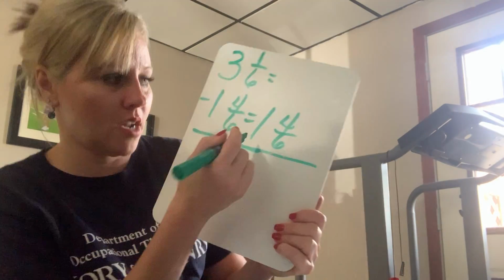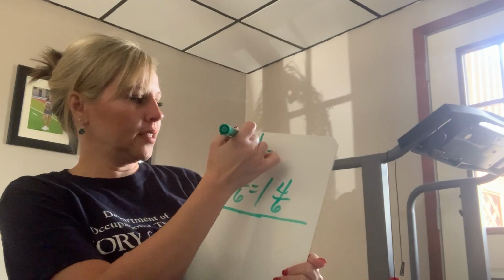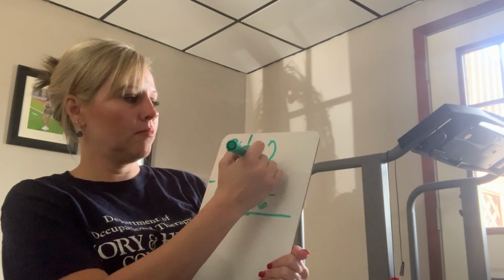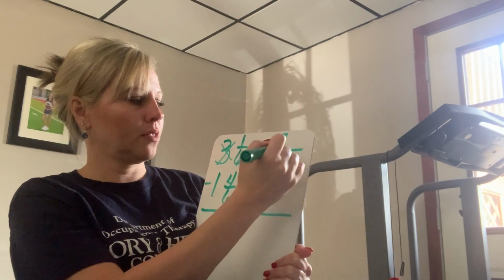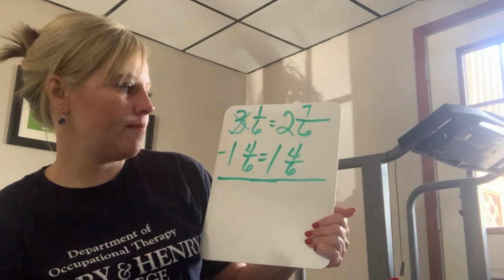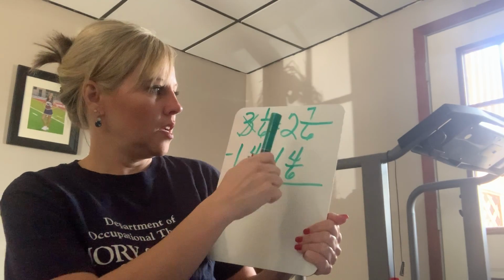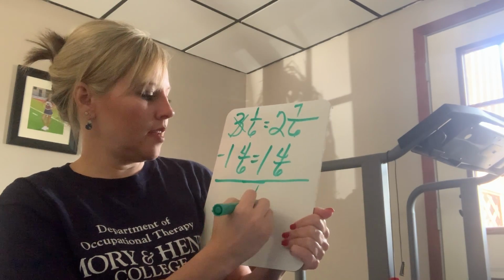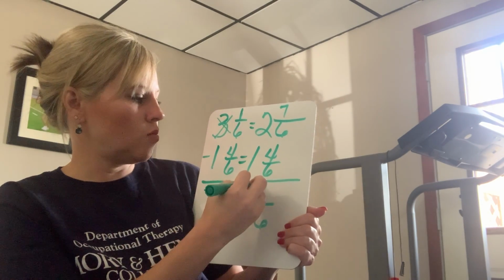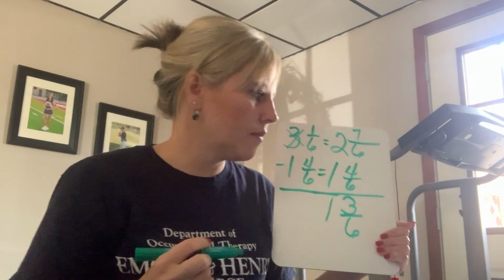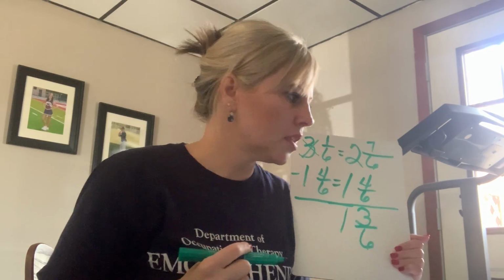So let's go ahead and work our problem. 1 4/6 stays the same. We aren't going to touch that number. We're going to take 1 from the whole to become 2. 6 plus 1, 7 sixths. Now I'm ready. 2 minus 1 is 1. 6 stays the same. 7 minus 4 is what? 3. Is that right?